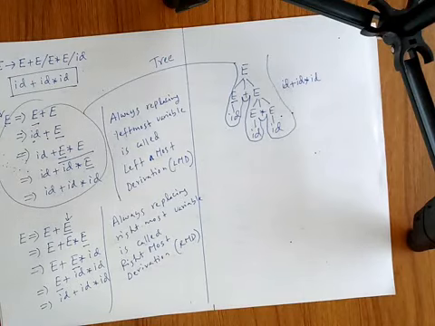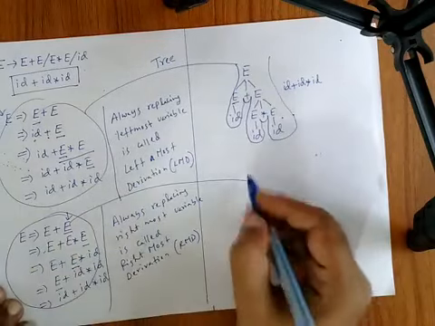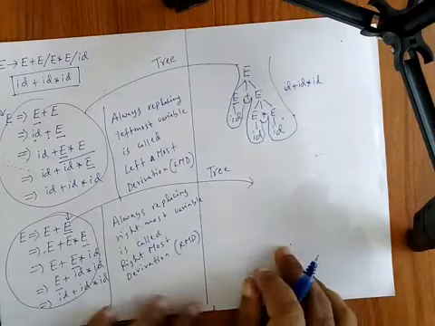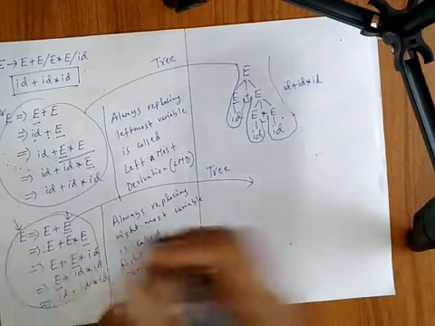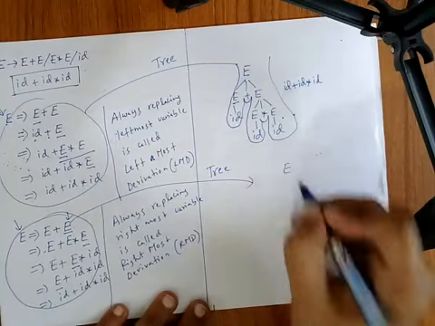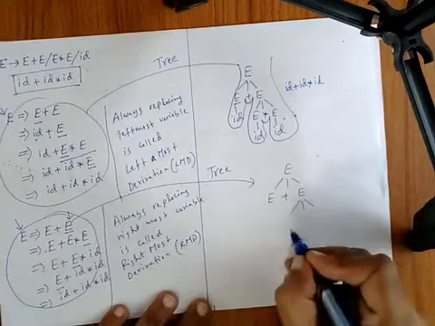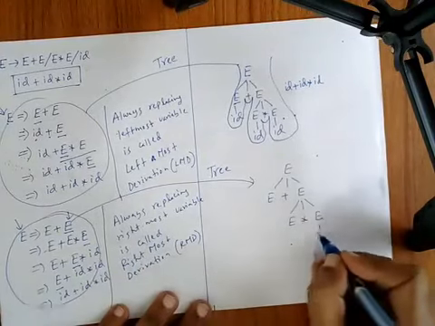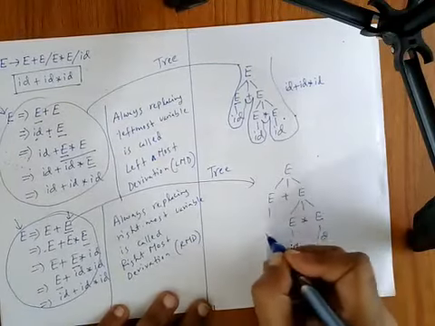Now convert this one to a tree. What do you get? We start from this E, the root, then E becomes E plus E, then this E becomes E star E, then this E becomes ID, this E becomes ID, this E becomes ID.